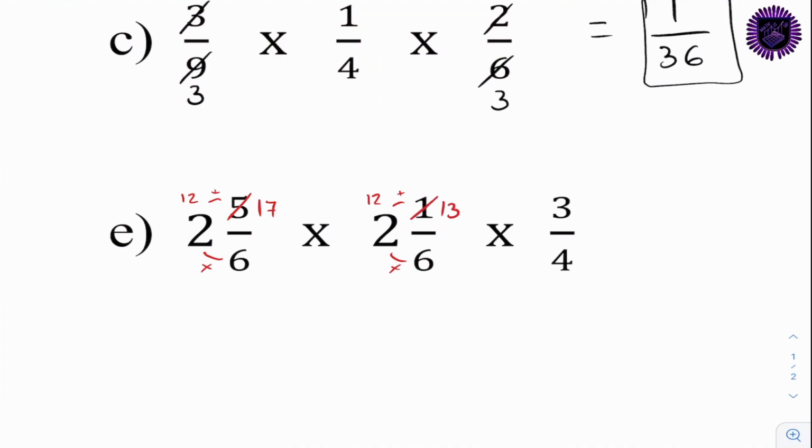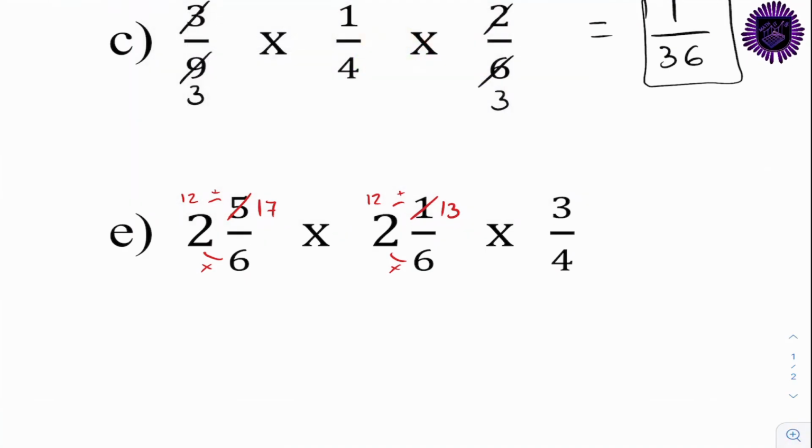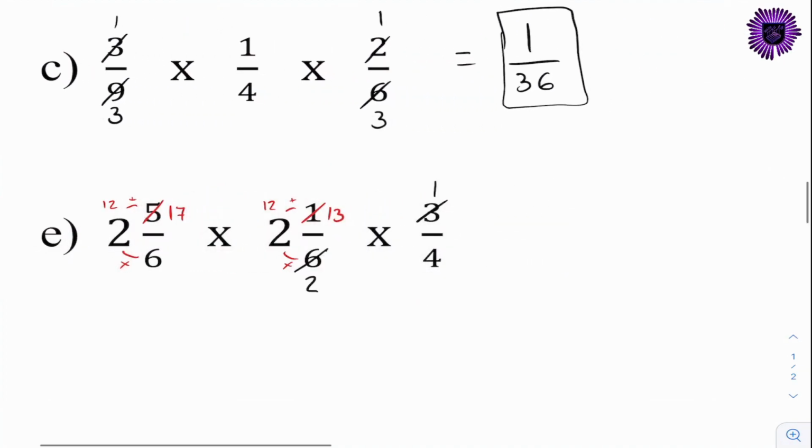And the other one's 3/4. Now, common factors. We have a common factor, 6 and a 3, so that can be 1, and that can be 2. 6 times 2 times 4. 12 times 4 is going to be 48 on the bottom. 48 on the bottom, and on the top we have 17 times 13 times 1.